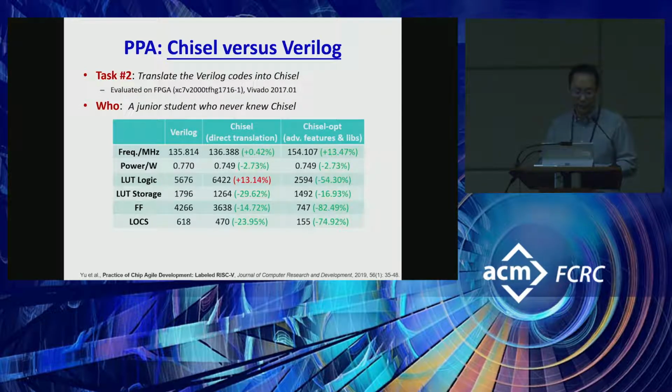With direct translation, one line of Verilog code is translated into one line of Chisel code, and the performance is already better than the Verilog code. With some advanced features and libraries, the Chisel design is much better than the Verilog version. Then the engineer accepted it.